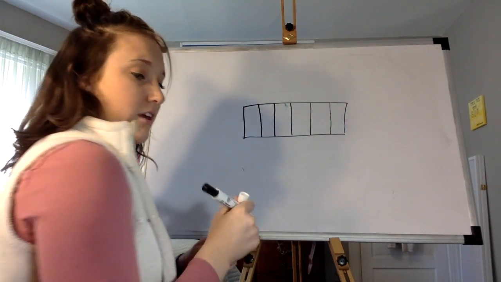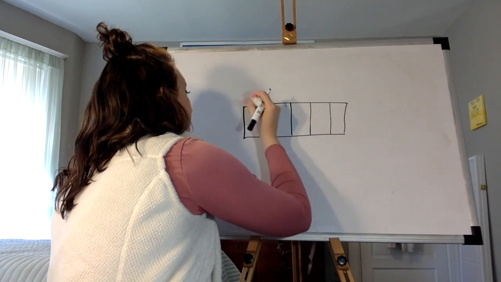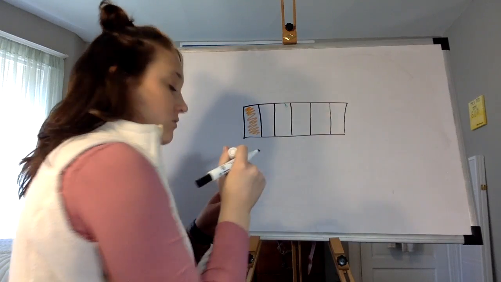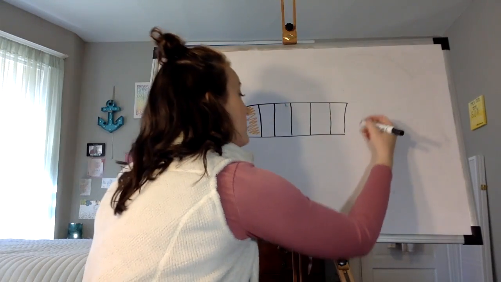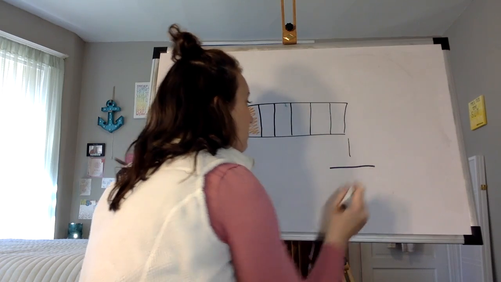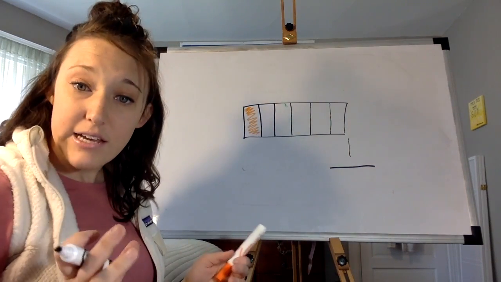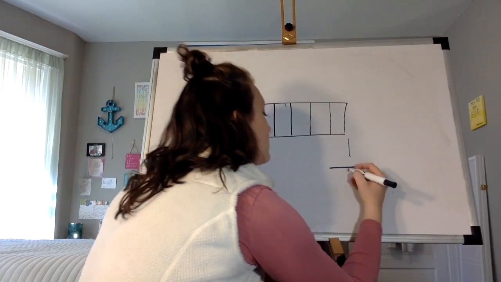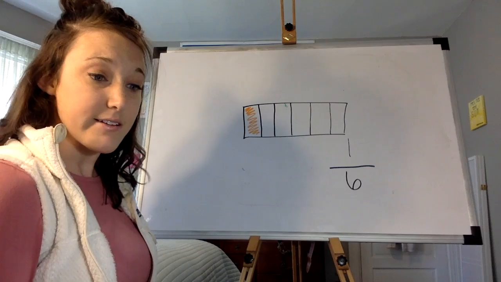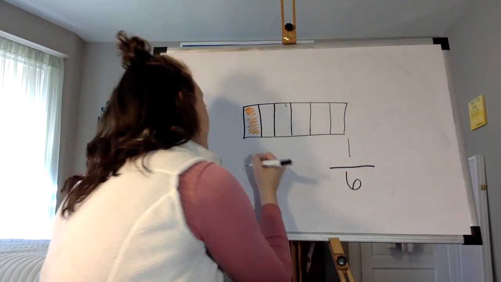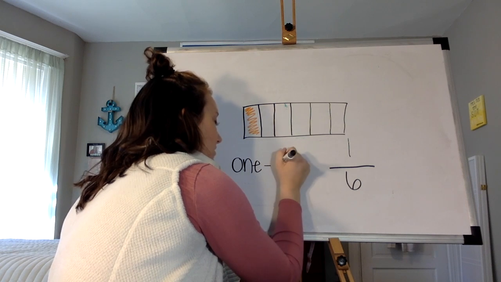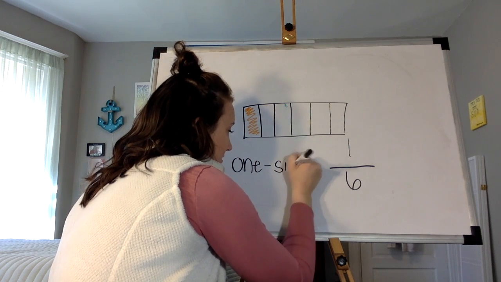And they are looking at 1 equal share. Okay, so we have our 1 equal share above our fraction bar out of the 6 whole equal shares, or the 6 equal shares that make a whole. So our fraction is 1/6. The name that you give it, 1 hyphen 6th.